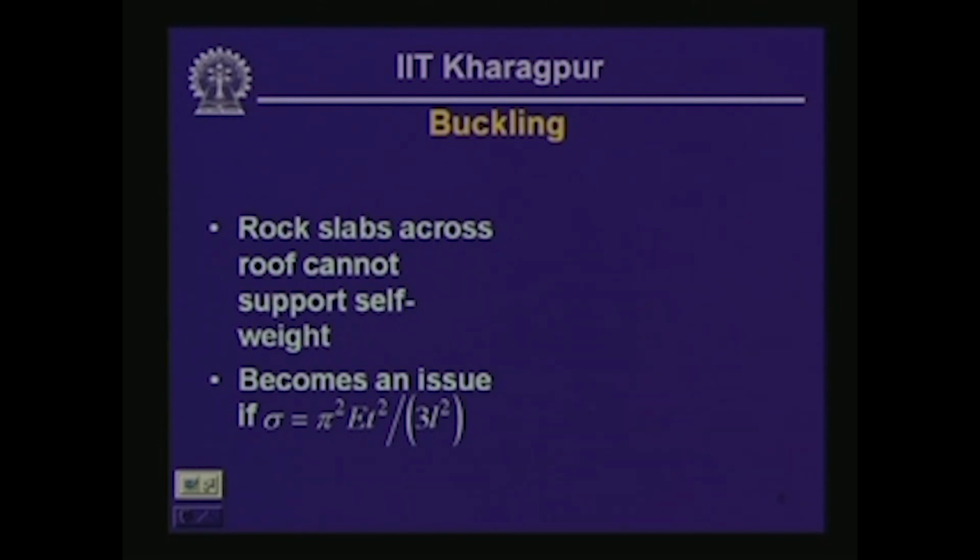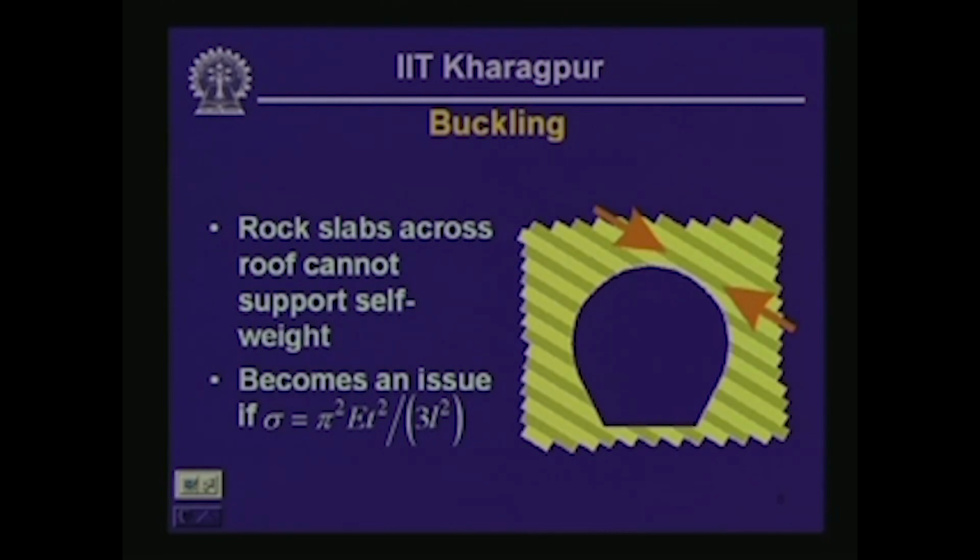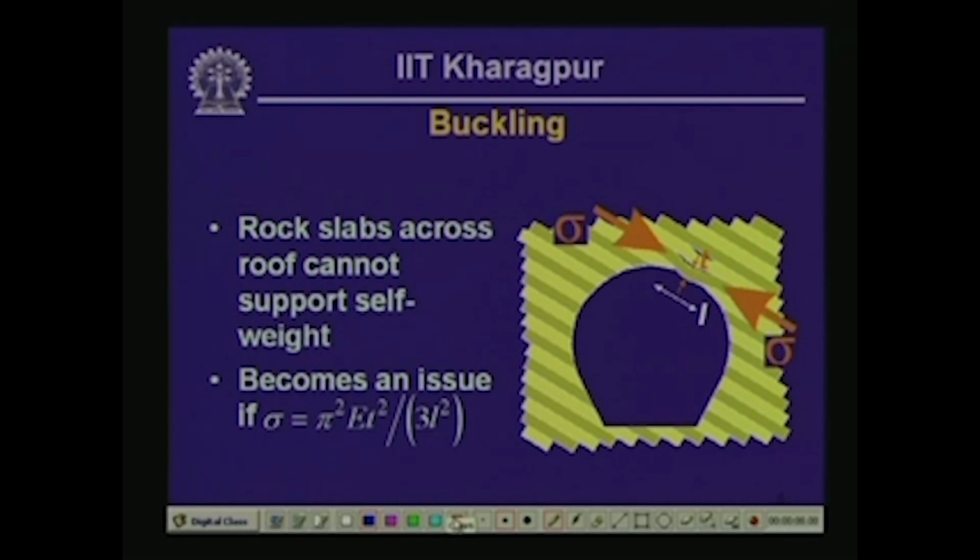Here again I have marked the direction of the major principal stress by thick orange arrows, and it is quite obvious that as soon as the tunnel opening is made, the slabs are going to buckle in that manner because of the removal of confinement near the top right portion of this tunnel.